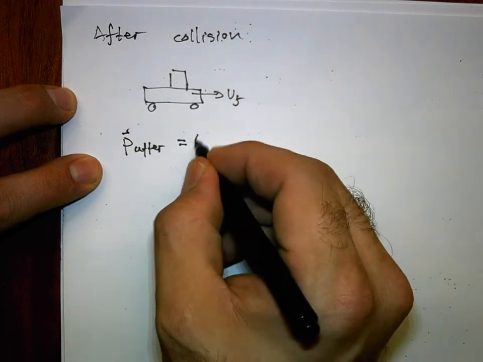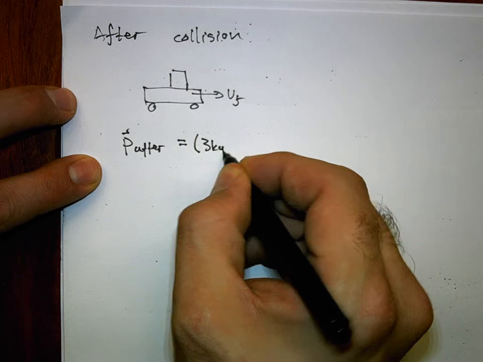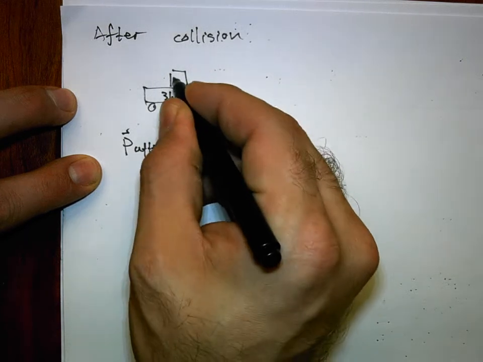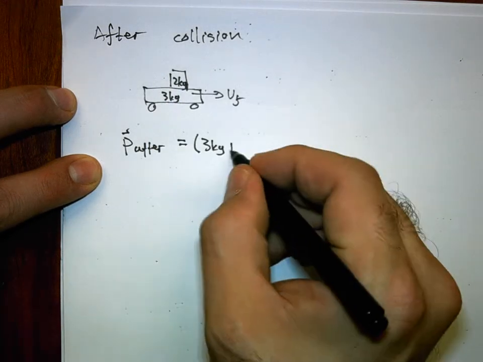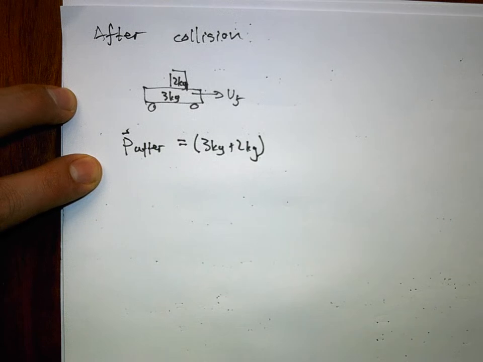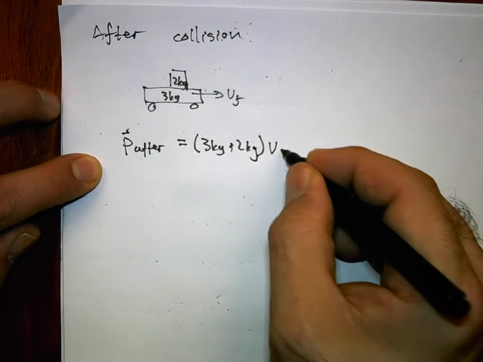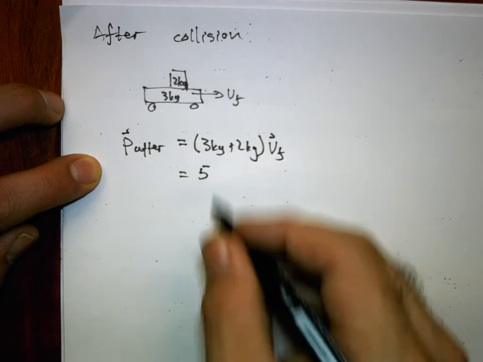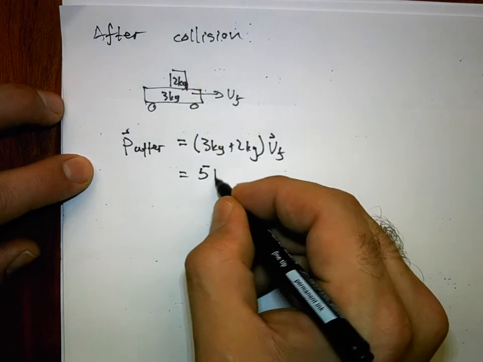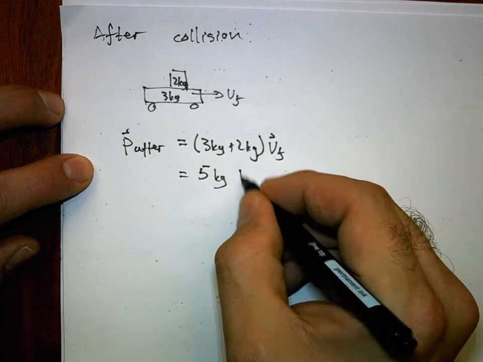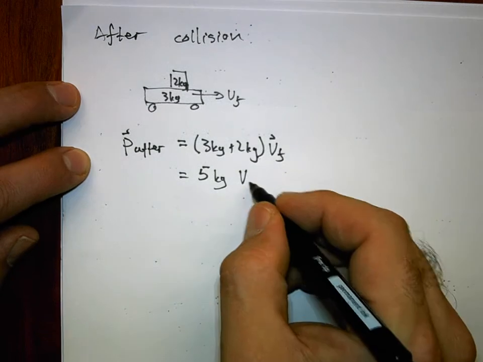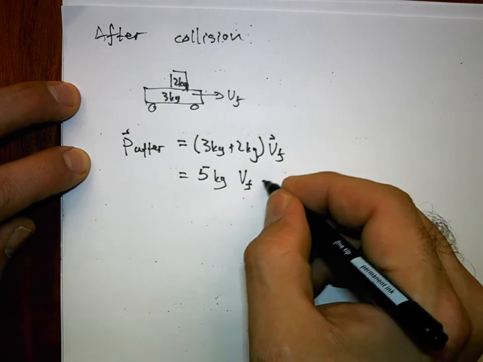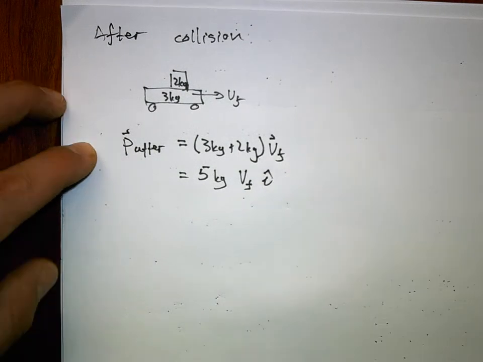So we can add the 3 kilograms of the trolley and the 2 kilograms of this mass to a single mass, and it will be moving with some final velocity. So this will be equals to 5 kilograms times whatever the final velocity is, and it will be in the positive x direction.